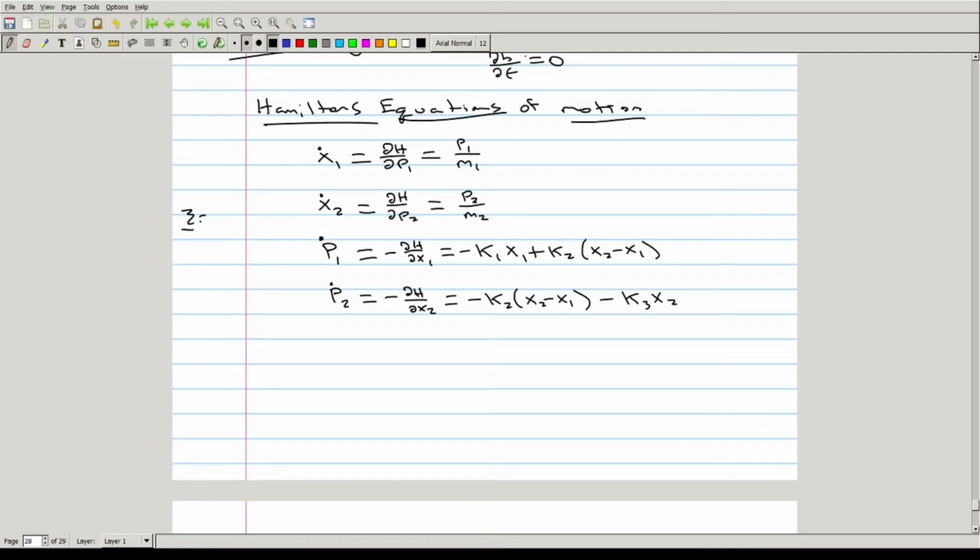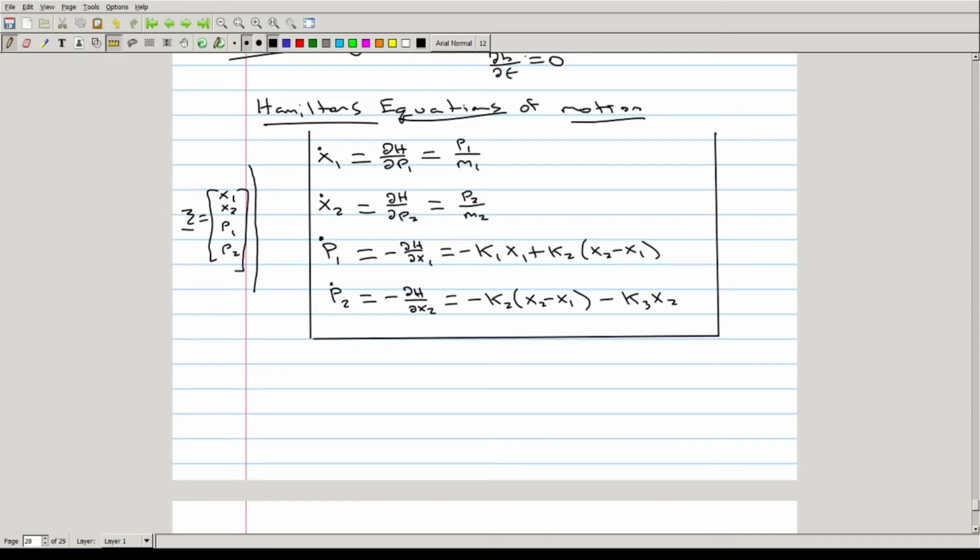Xi is the vector x1, x2, p1, p2. So this is saying that xi dot is this left-hand side right here, and it's equal to this right-hand side, which is a function of xi itself.